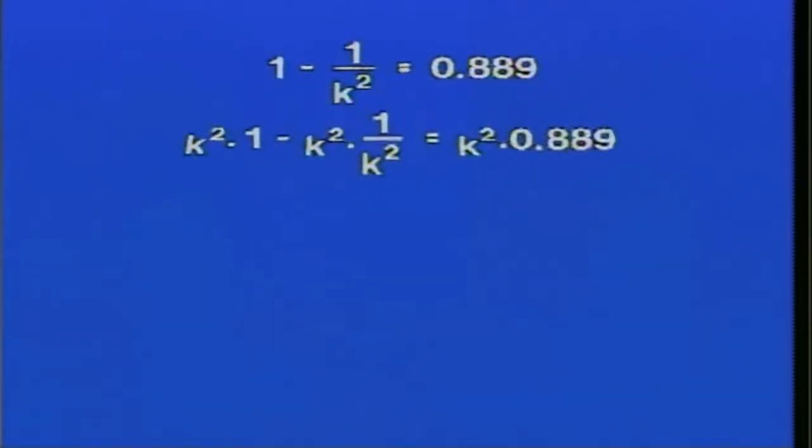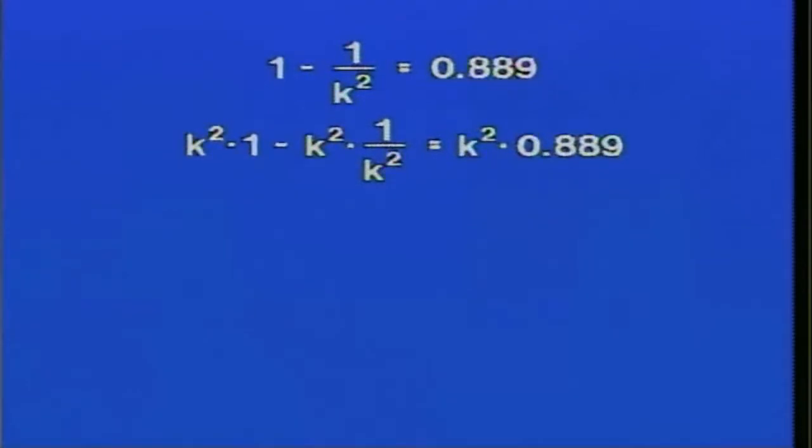Then we'll multiply through by k squared. Multiply every term by k squared to clear that k squared denominator. Then k squared times 1, of course, is k squared, and the k squares cancel in the second term, and on the right we'll get 0.889 k squared.